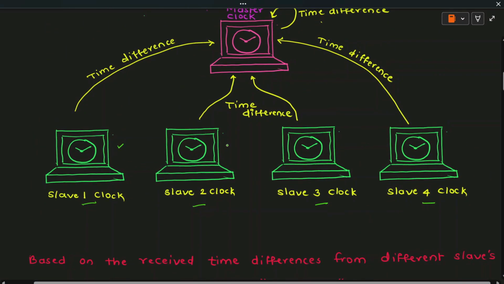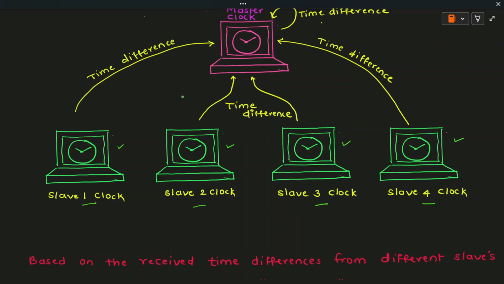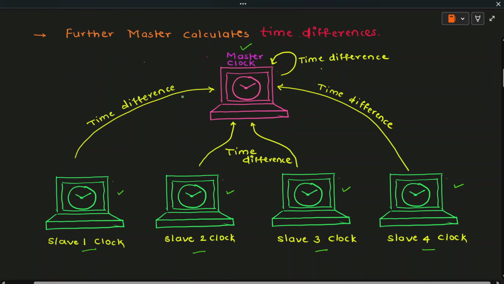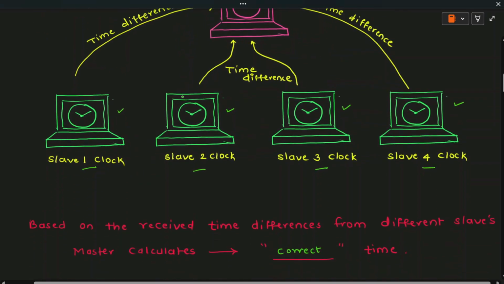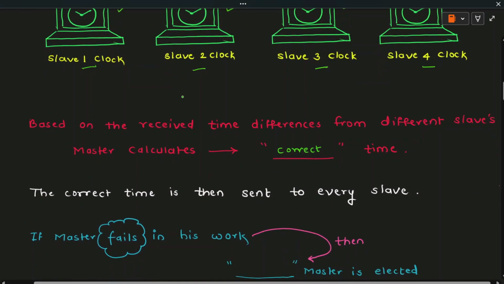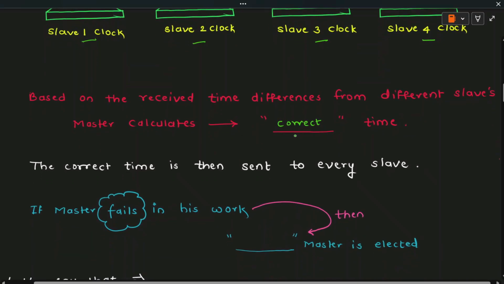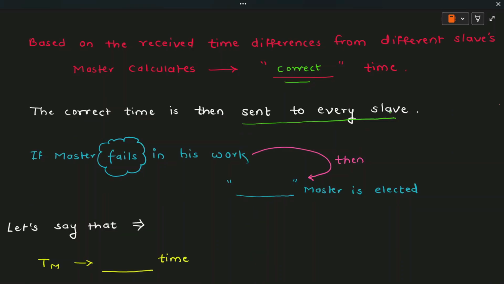Here slave 1, slave 2, 3 and 4 are there. The master requests the time from the slaves, and based on the requested times it does some calculation, and then it finds the correct time and gives that correct time back to the slaves, so that the slaves as well as the master in that distributed environment will have synchronized time, which will be further used for execution of the different events in the distributed environment.